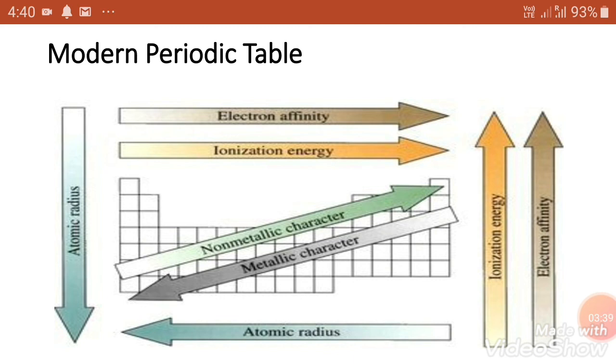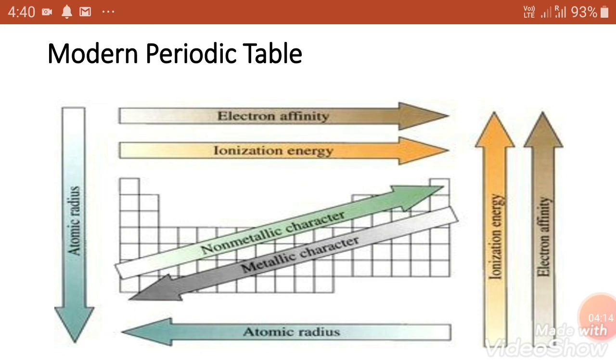If I talk about electron affinity, it increases as we move from left to right, and it also increases as we move from bottom to top of the periodic table. One most important fact is ionization energy. As we move from left to right of the periodic table, the ionization energy increases, and also if we move from bottom to top, the ionization energy increases, and vice versa.